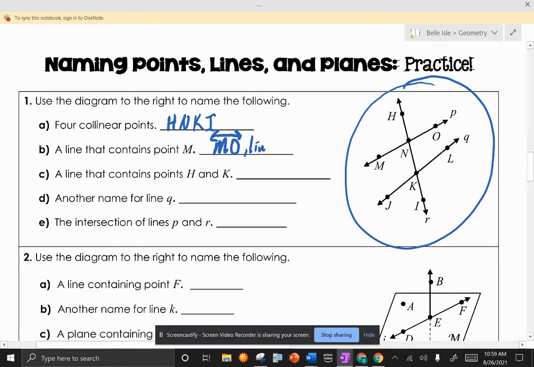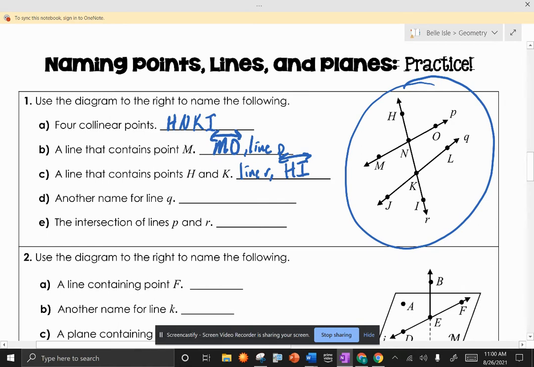You could also call it line PM. C, a line that contains points H and K. Line HK. Could also do what? KH. Good.